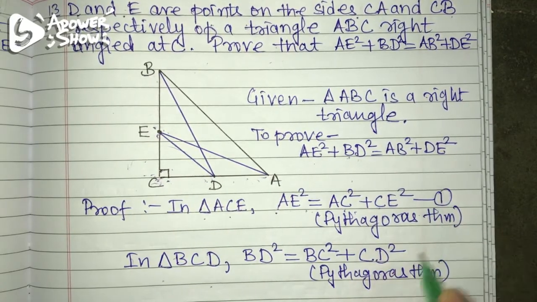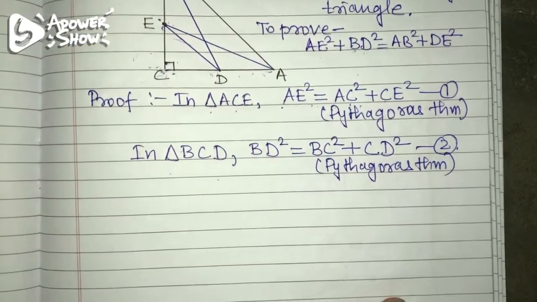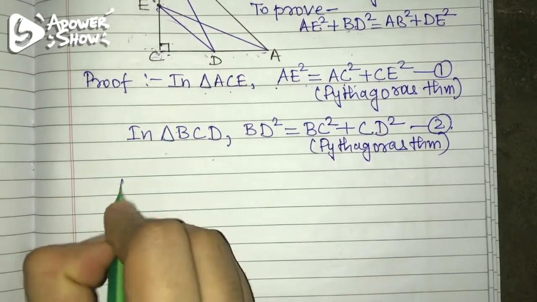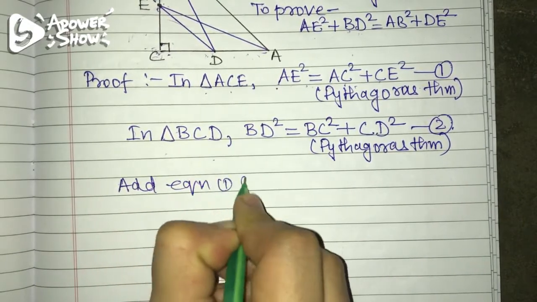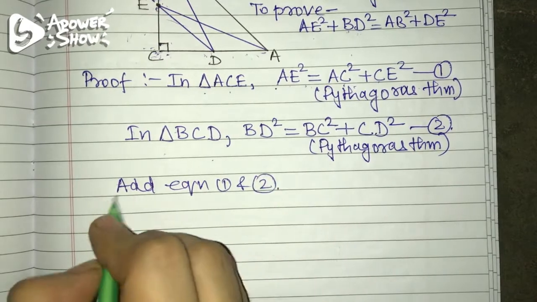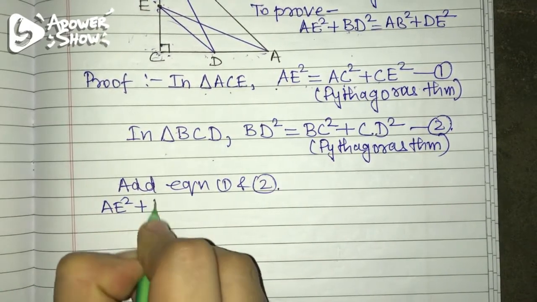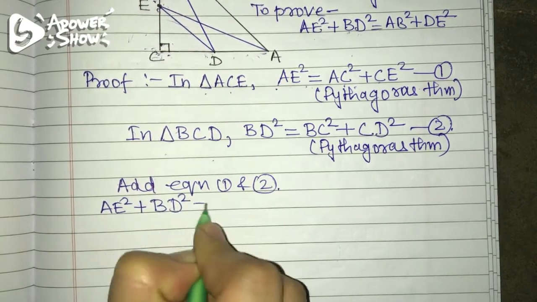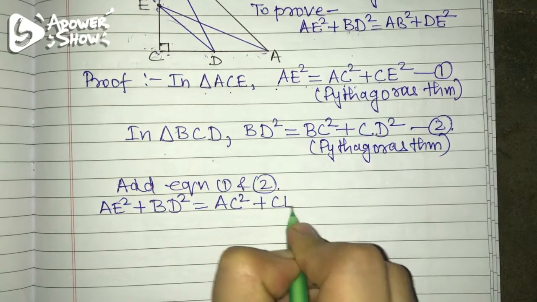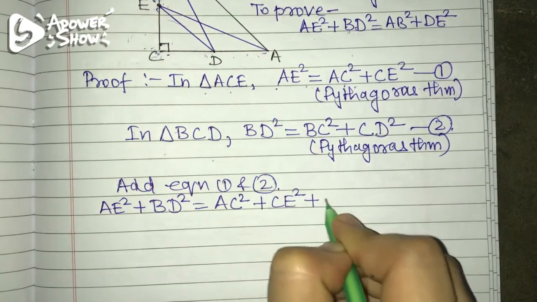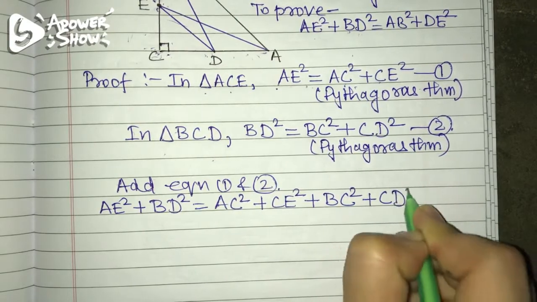So this is equation number 1, this is my equation number 2, and now I am going to add both these equations. So after adding we get AE square plus BD square equals to AC square plus CE square plus BC square plus CD square.